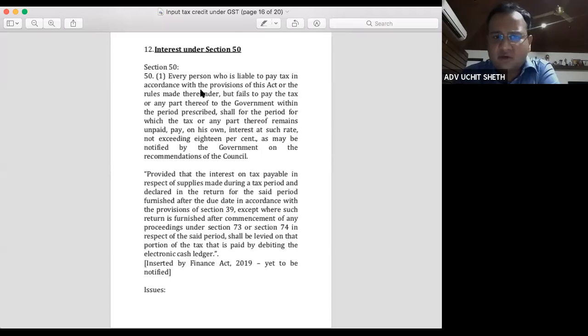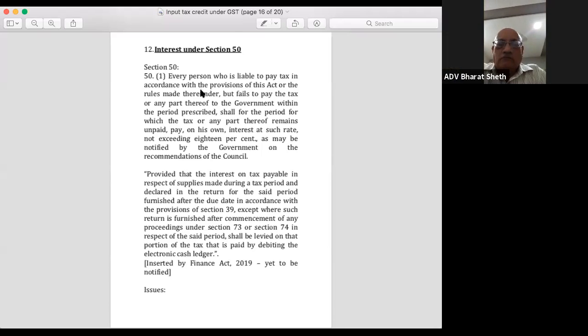Yes, so it appears that this MEIS license sale is an exempt supply, while the main supply is taxable. So according to me, if that is the fact, then we need to reverse the input tax credit proportionately.